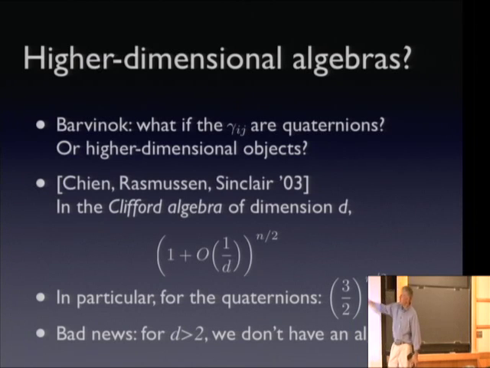So Chen, Rasmussen, and Sinclair answered his initial question in a 2003 paper, and they showed that his idea was a good one. So if you use the quaternions instead of the unit-length complexes, the critical ratio is even better. 3 halves to the n over 2. We're almost there, right?